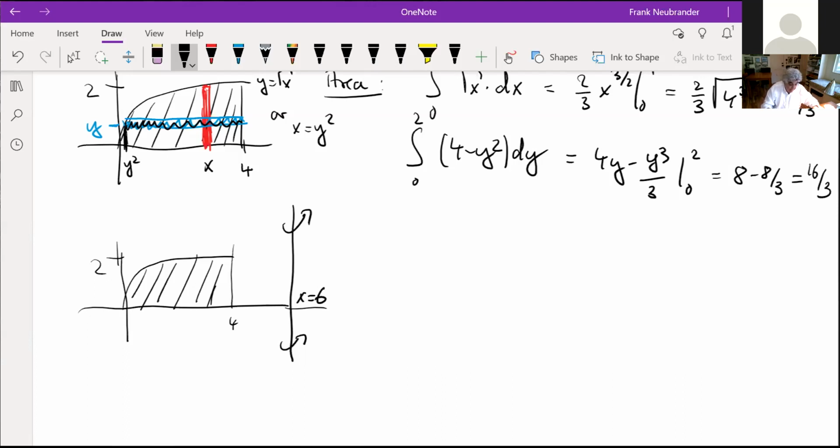So to compute the volume, again, we start out with vertical slices. In this case, the vertical slice rotated about the line x equal to 6 will generate a shell.